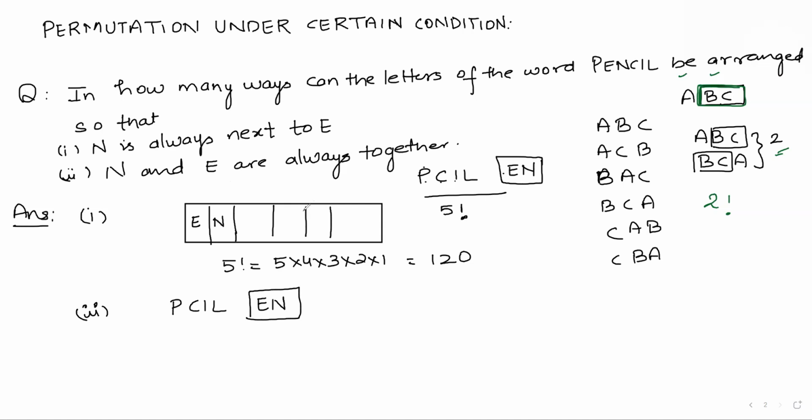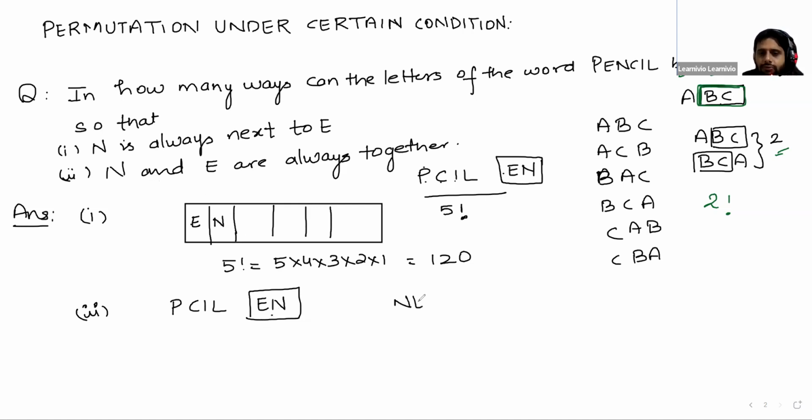Sir, are they both the same? Oh, these are not the same. In the first one, they're saying N is always next to E, which means these two are fixed and N should always be next to E. So these two can't move. In the second one, they are saying N and E are together. What is meant by together?